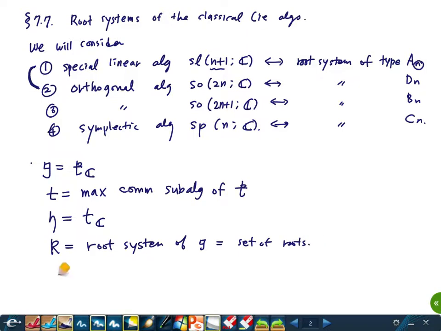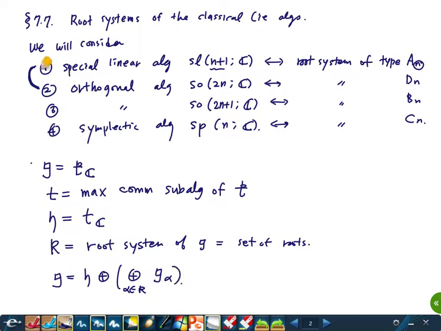And we know that this Lie algebra can be decomposed into the Cartan subalgebra and these root spaces.